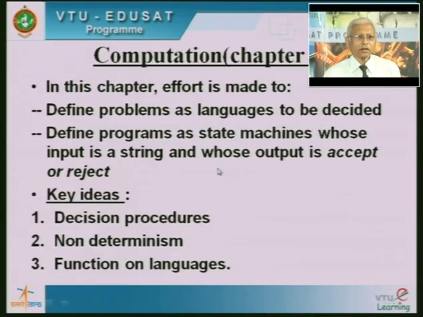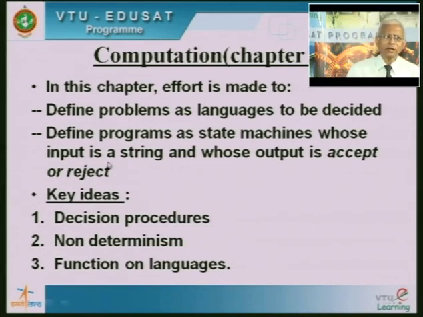Now, the next chapter is chapter 4. I have changed the order, so that it is easier for you to understand. In this chapter, effort is made to define problems as languages to be decided. It is somewhat abstract. Why should problems be associated with languages? That will be clear as you run through this subject.